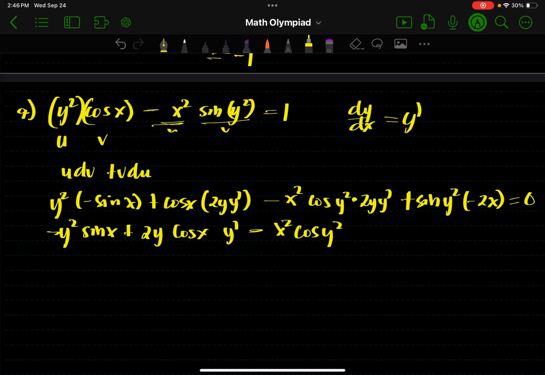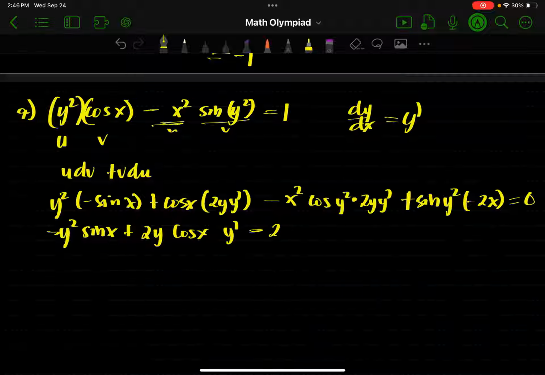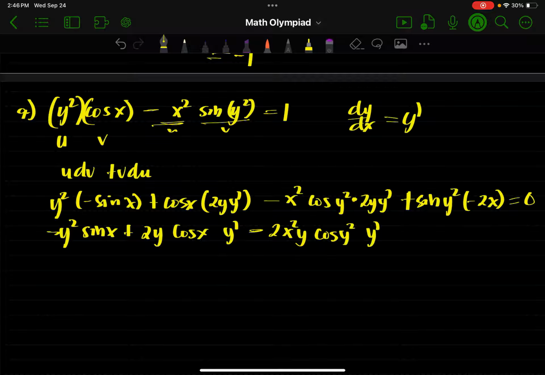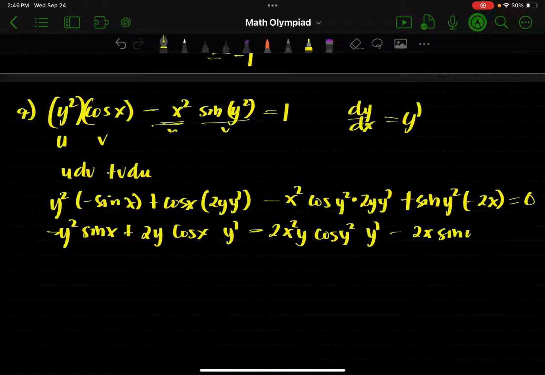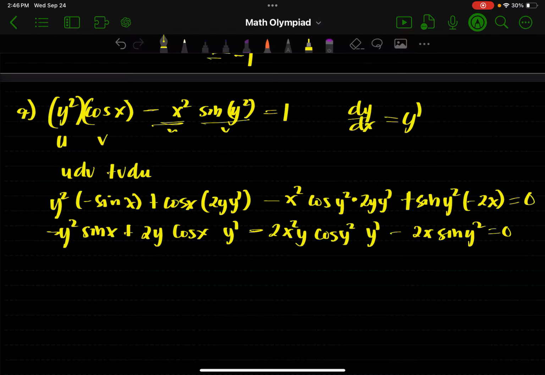Sorry, this is 2 times 1, and that should be 2x squared y cosine y squared y prime minus 2x sine y squared equals 0. Positive times negative becomes negative.